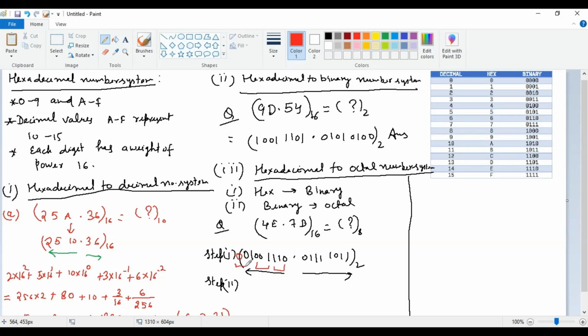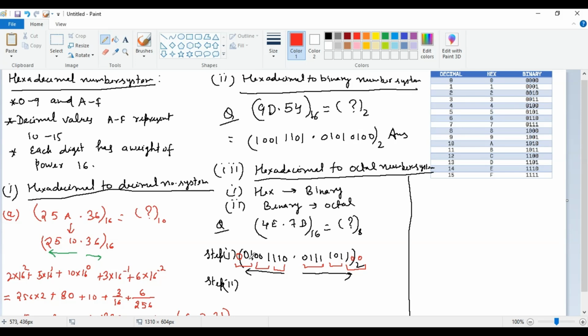So this is group number 3. Now for the fractional part we will move in this direction. This is of 3 bits, this is of 3 bits. Now here 1 bit is left, so we will add two zeros here to make a group of 3 bits. So now this is group number 3.